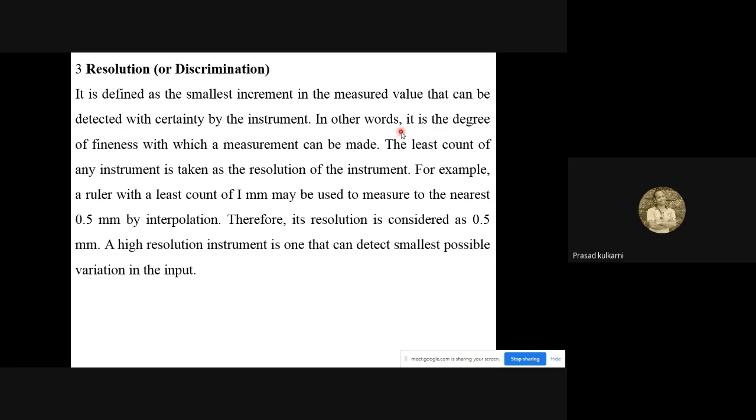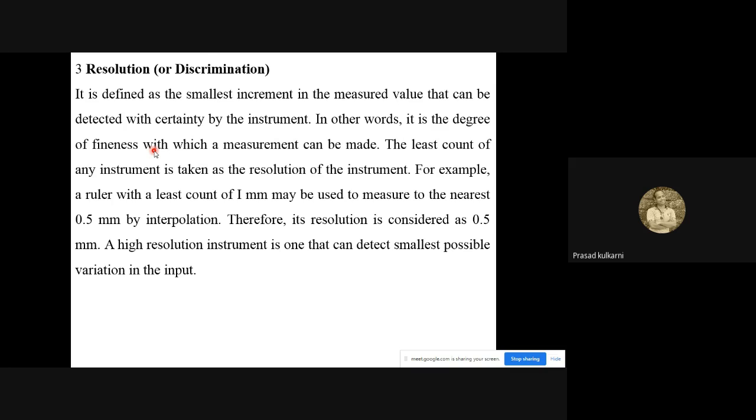In other words, we can say it is the degree of fineness with which a measurement can be made. डिग्री ऑफ फाइननेस मतलब आप जितना भी स्मॉल मेजरमेंट कर सकते हो उतना आप करेंगे तो उसका एक्यूरेसी जो है वो मेंटेन रहेगा. जैसे कि मैंने अभी ही एग्जांपल बताया कि आप डायमीटर जो मेजर कर रहे हो 2.3012, इतना एक्यूरेटली डायमीटर आपने मेजर किया है, दैट इज कॉल्ड एज डिग्री ऑफ फाइननेस.